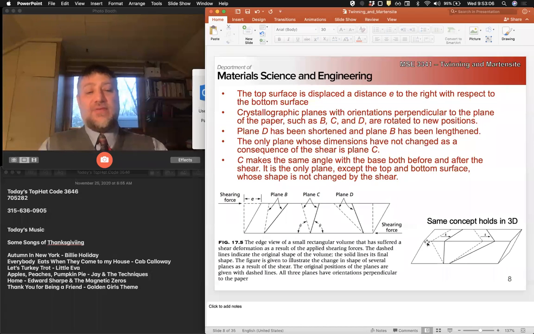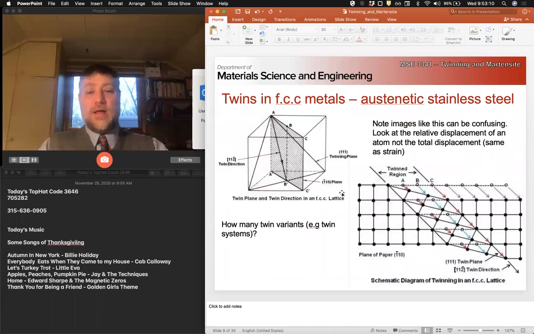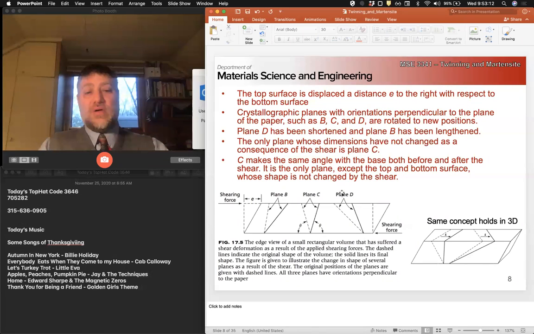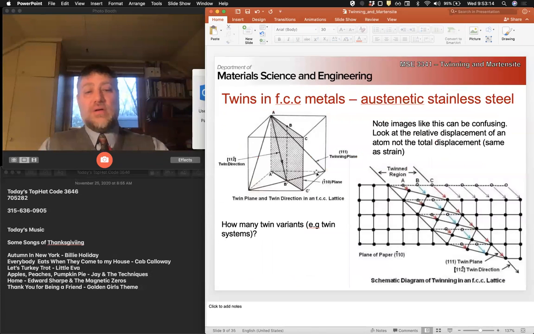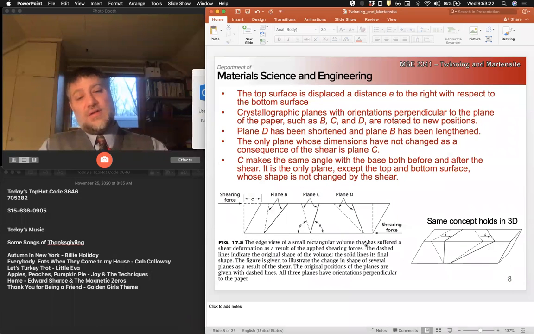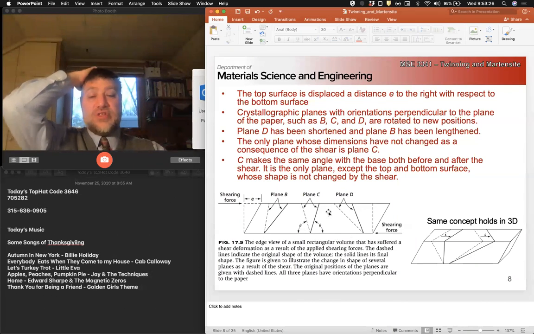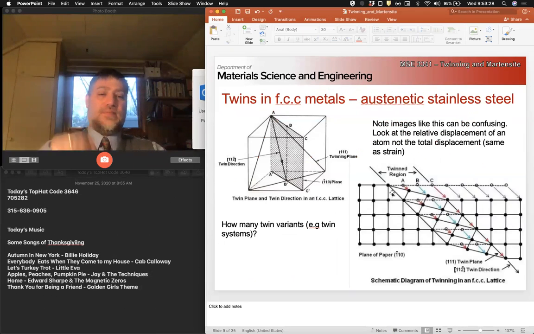Okay, the same concept holds in 3D. It's just a little bit more difficult to visualize. And so essentially that's the same thing here. We have this twinned region. These top and bottom planes are referred to as our twinning planes, right?